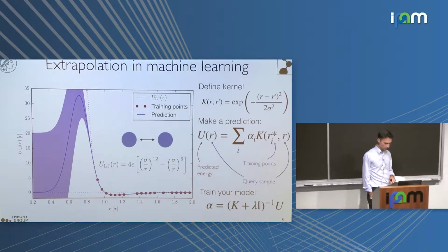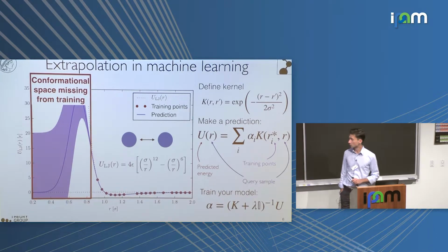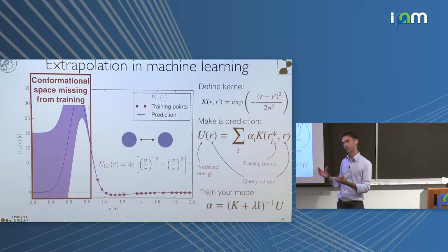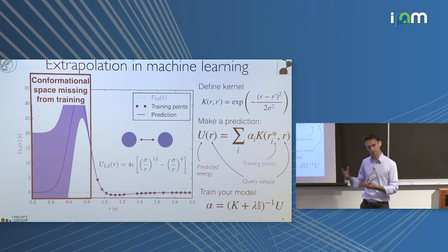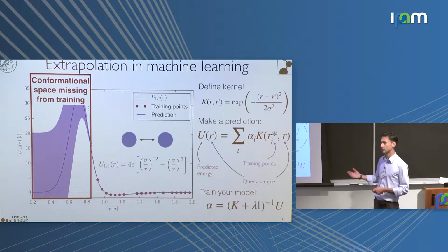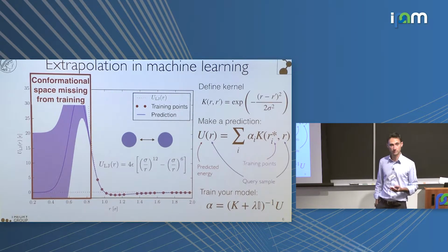And that's a problem, because of course there's a whole part of the conformational space of my system that was not in the training sample of my machine learning model. This shows in a dramatic way that the machine learning model is going to predict that at very small distances my atoms are going to fuse together. And so this is catastrophically wrong in terms of the physics.